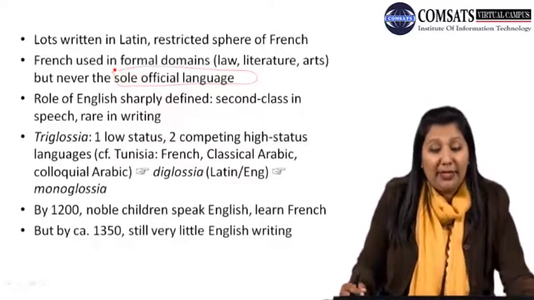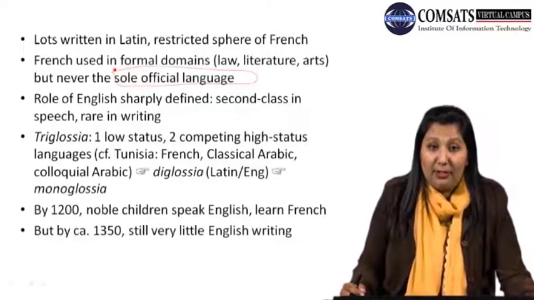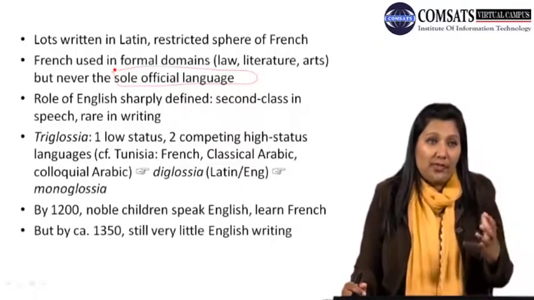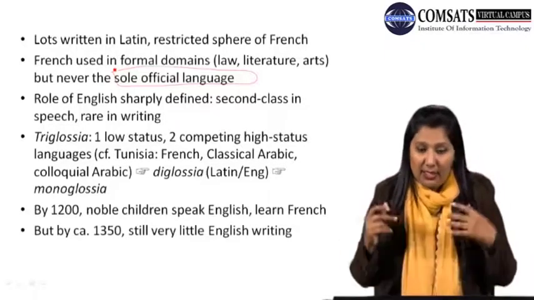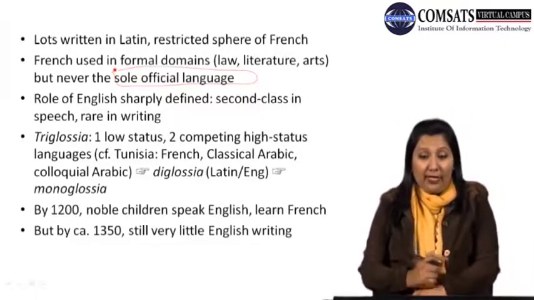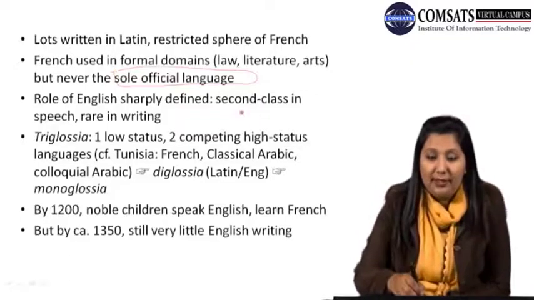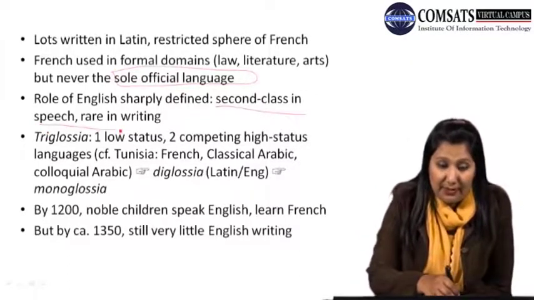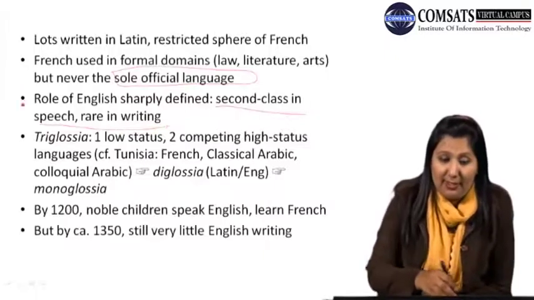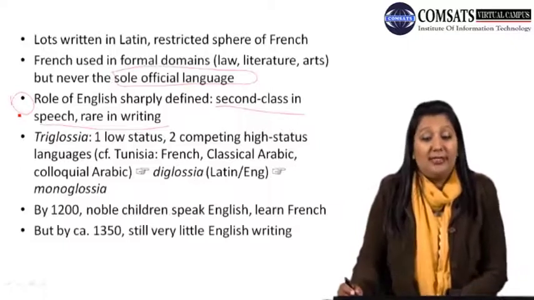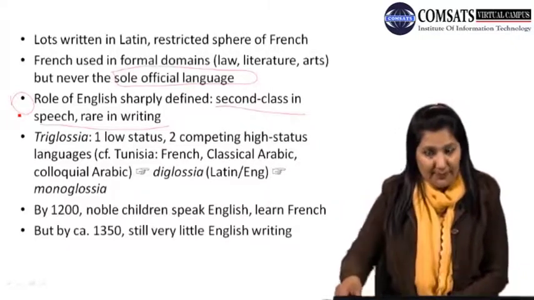Role of English sharply defined. As I just told you, the roles of the languages were already defined. Let's see what the role of English was. It was second class in speech and rare in writing. A very important point. It was second class in speech.